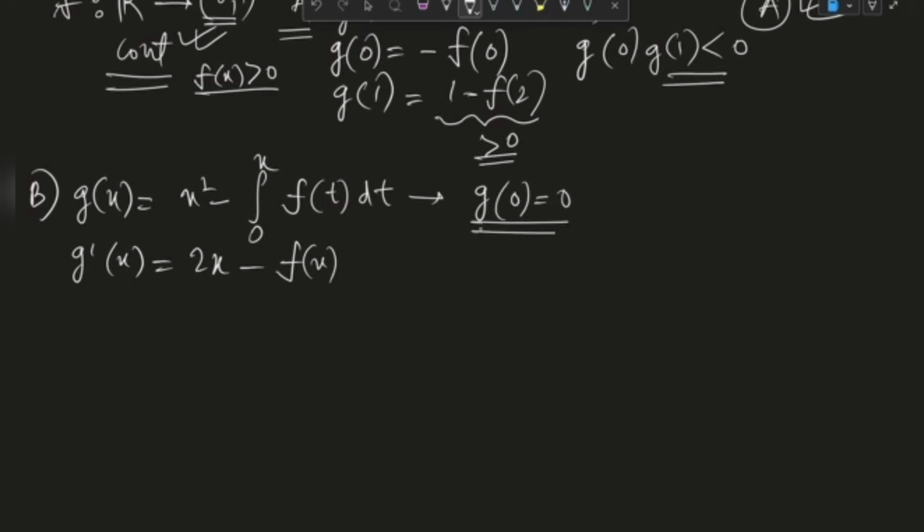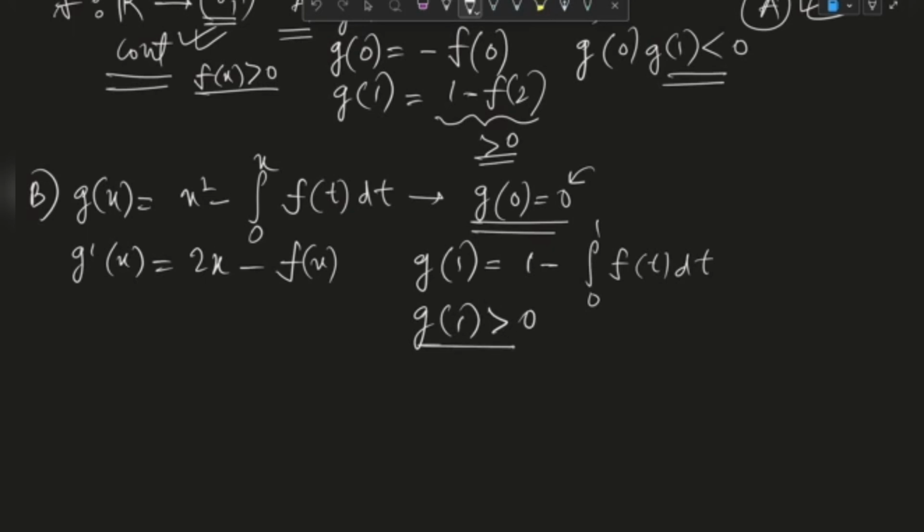So 0 is a root of g(x). And if you observe g of 1, then this will be 1 minus integral 0 to 1 f of t dt, which is obviously greater than 0, right? So g of 0 into g of 1 is 0, and we actually don't need this also.